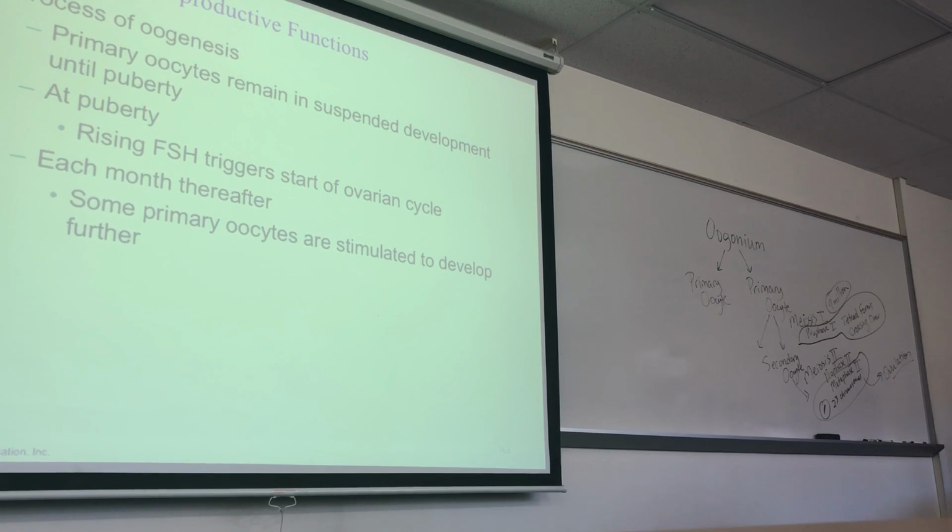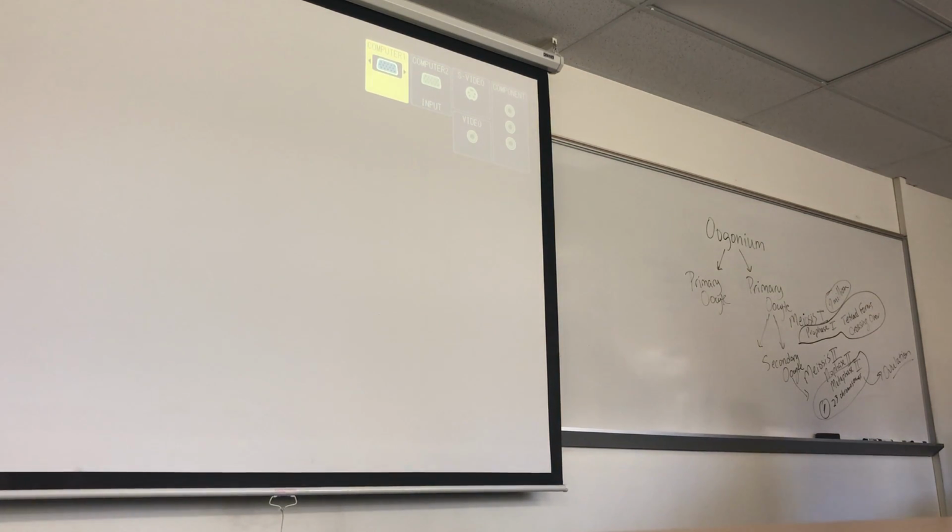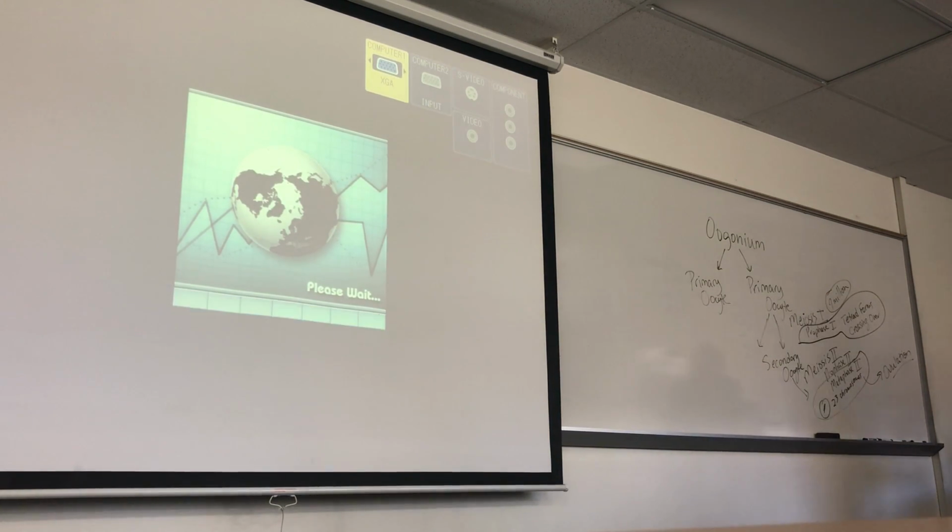So let's take a look at it on a diagram, on a picture. We'll draw it out here. FSH is what's going to trigger the start of the oogenesis. Okay? So let's just take a look here and walk our way through it.